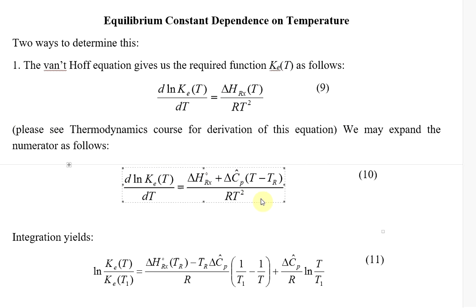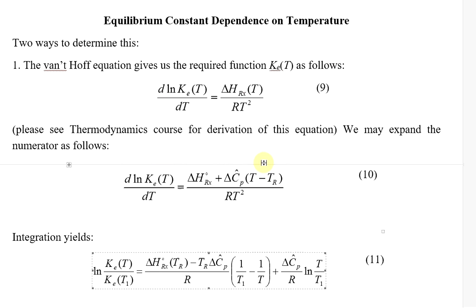And then on the right-hand side, we can consider these two terms. Well, we have two functions in temperature here. So there's a temperature function and there's another temperature function. So let's look at this as the integral of, and if we just integrate this function in T squared first, then of course the integral of 1 over T squared is minus 1 over T. And so if we are integrating from T1 to T, then we would write this as 1 over T minus 1 over T1, and then we can just reverse those to get rid of the minus sign.